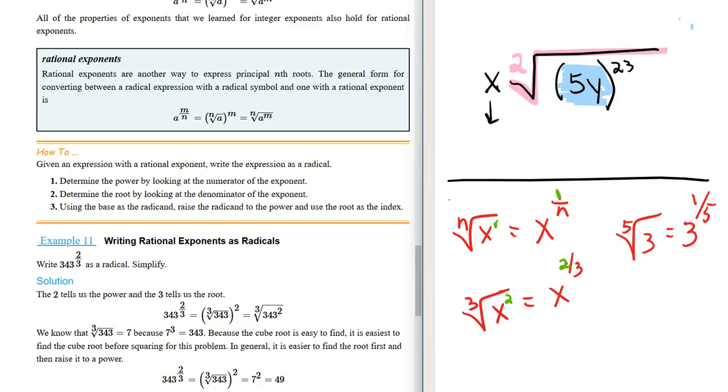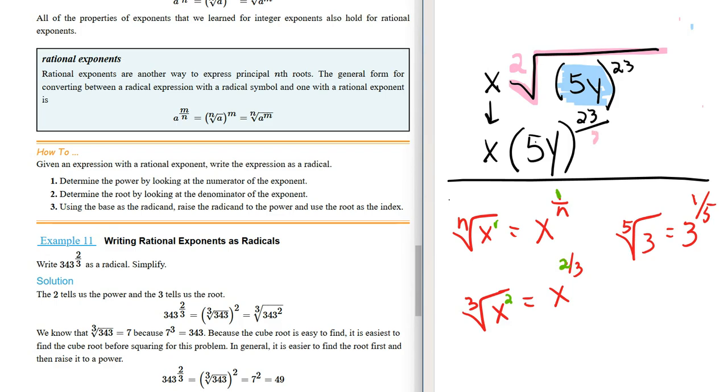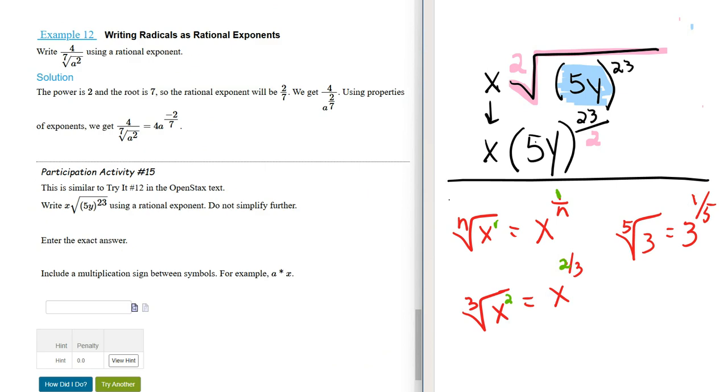So you still have this x, and you still have the 5y in parentheses, but now instead of a square root, the 23 is being divided by the 2. Okay, and that's going to be fun to type in.